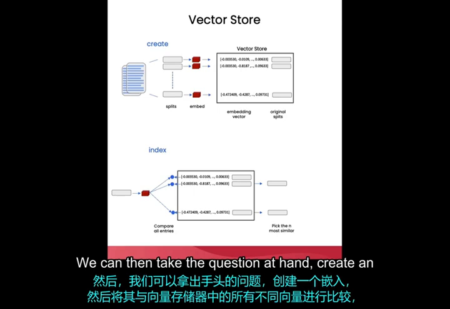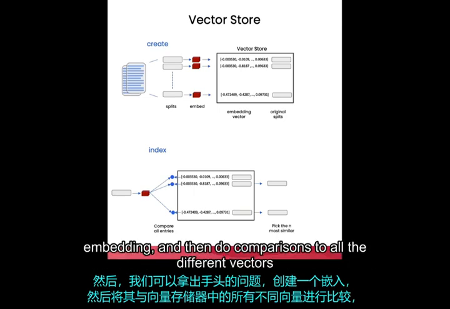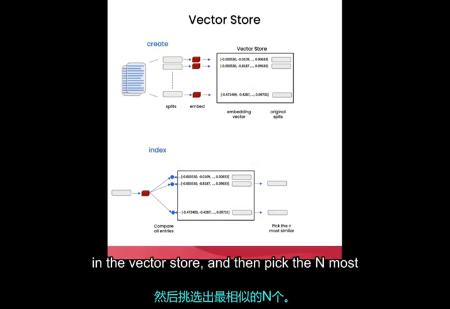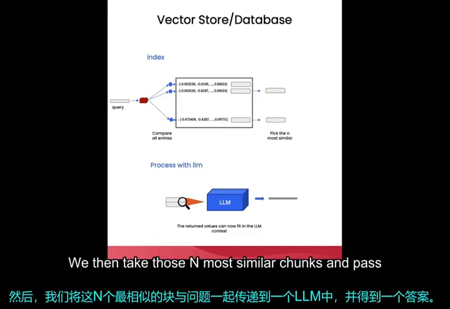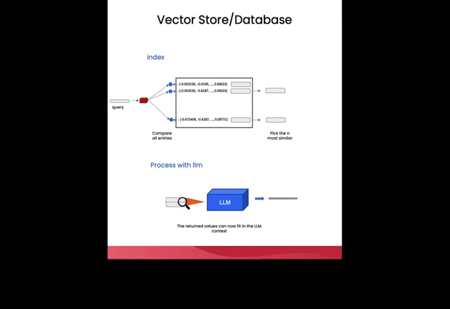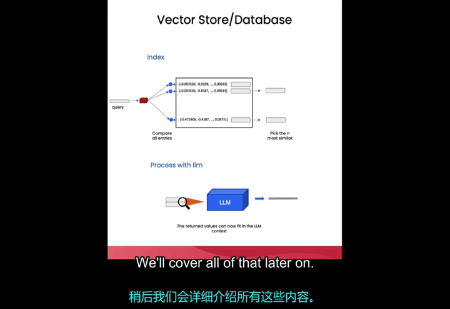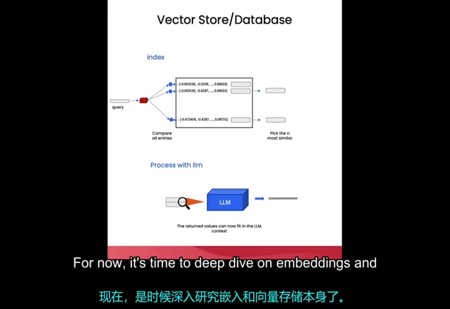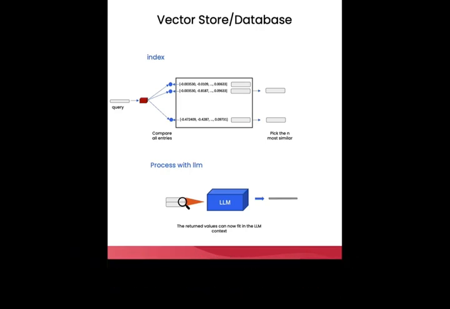We can then take the question at hand, create an embedding, and then do comparisons to all the different vectors in the vector store, and then pick the n most similar. We then take those n most similar chunks and pass them, along with the question, into an LLM, and get back an answer. We'll cover all of that later on. For now, it's time to deep dive on embeddings and vector stores themselves.